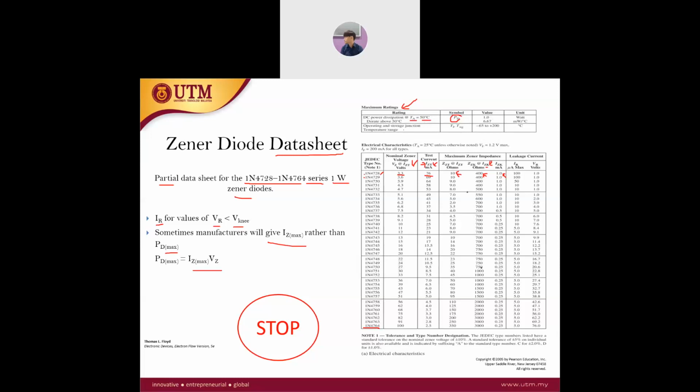Then the operating and storage junction temperature range, since a diode has a semiconductor junction, and TSTG is for the storage temperature range. It is from -65 to 200 degrees Celsius, meaning it cannot operate below -65 and cannot operate beyond 200 degrees Celsius.